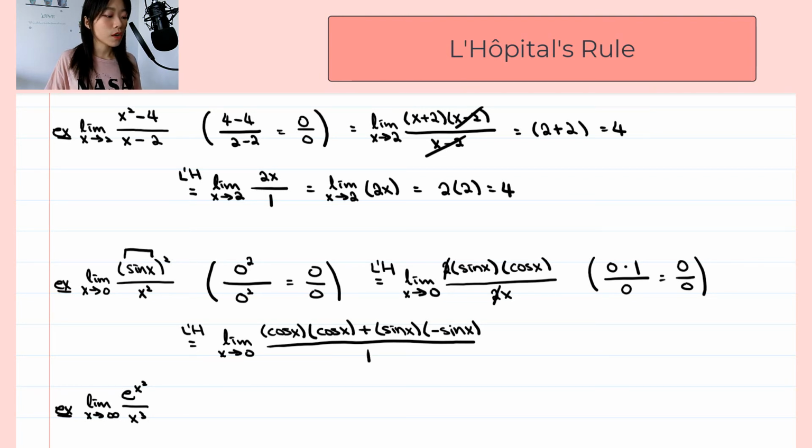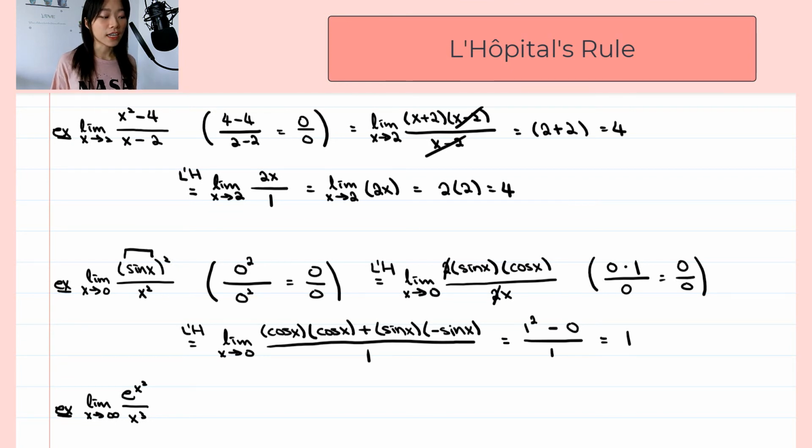Now let's use the chain rule again. Cosine of 0 is 1, so we get 1 squared minus sine of 0 squared, which is 0, over 1. So this limit equals 1.